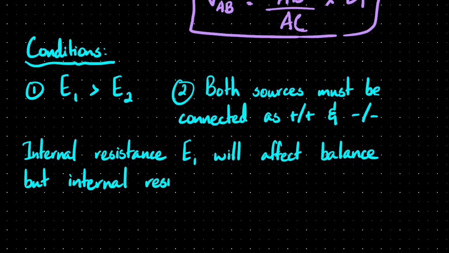And a one-liner reason for why the internal resistance of E2 will not affect the balance point is that there is no current flowing in that part.